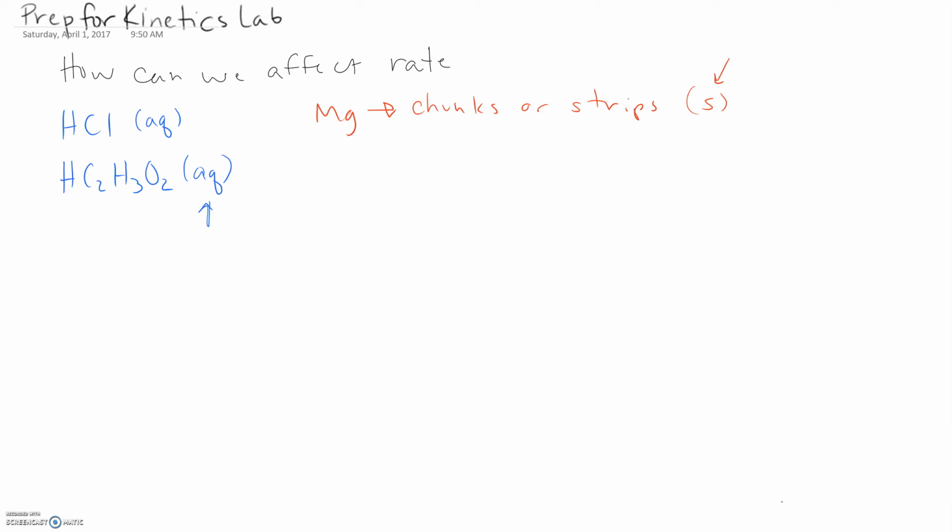You could also use calcium carbonate, and that comes in some different forms. We've got powders and chunks, and also those are solids. We also know that stirring with either of these things could affect rate.